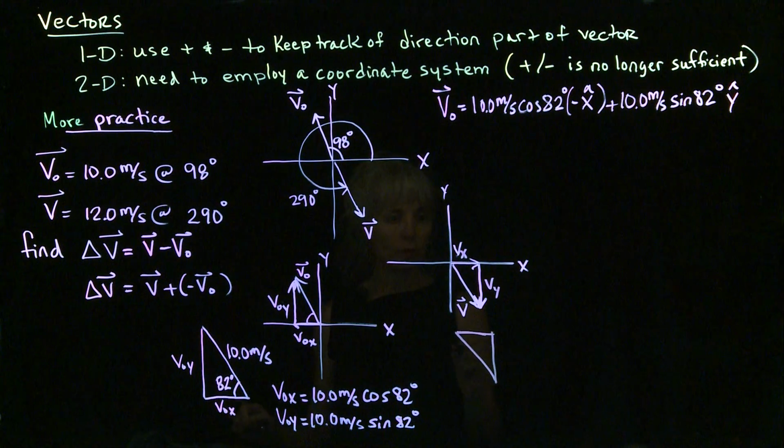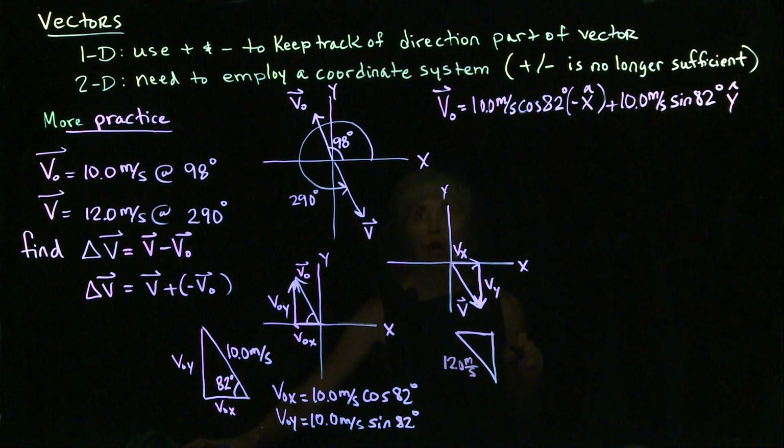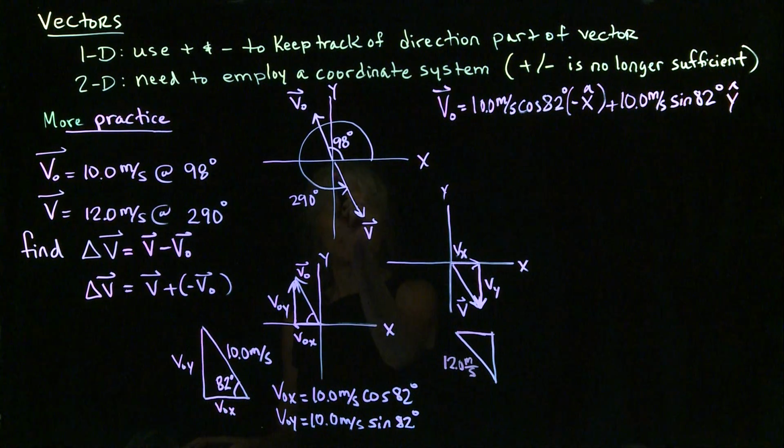So there's that triangle. And remember that this side is 12 meters per second. And I know this angle right here is going to be the 270 subtracted from 290. This angle right here is 20 degrees.